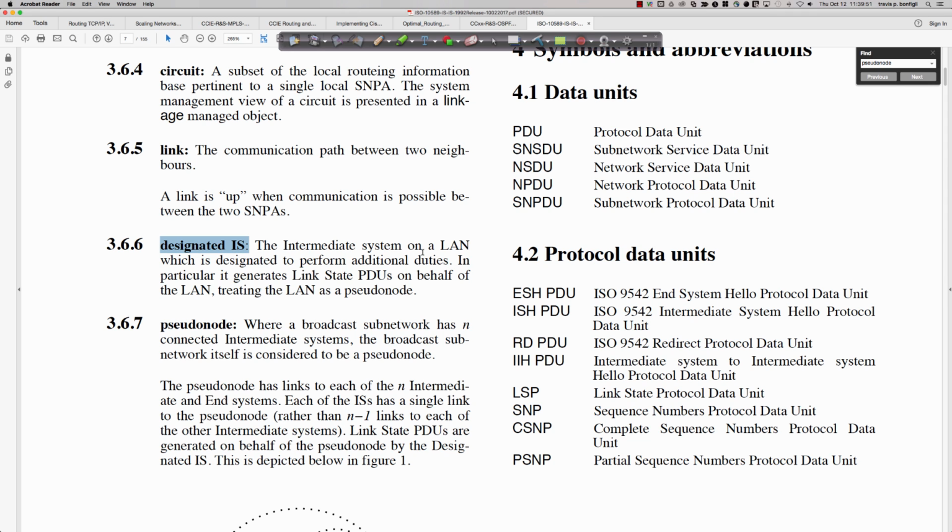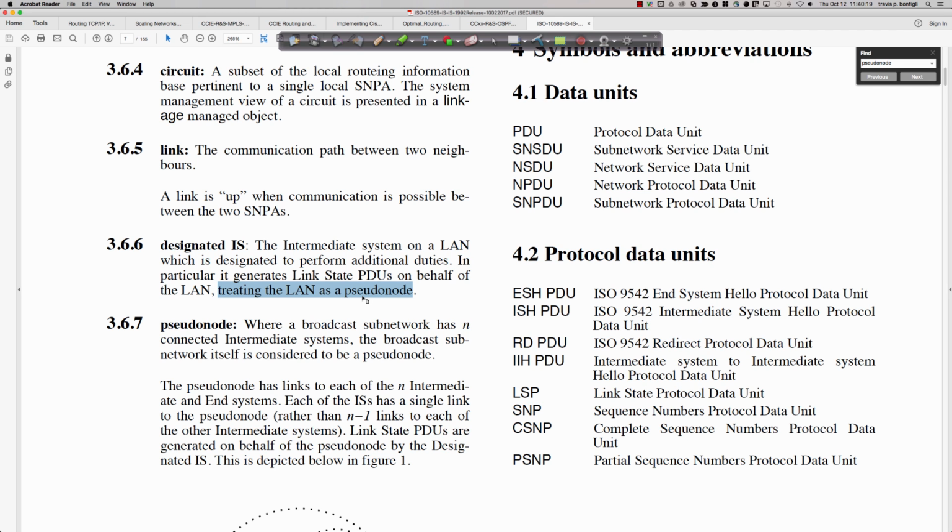So the intermediate system on a LAN, which is designated to perform additional duties. In particular, it generates link state PDUs, right, or the link state packets, as the text is referring to them, on behalf of all of the OSPF speakers on the LAN. And it treats the LAN as a pseudonode.